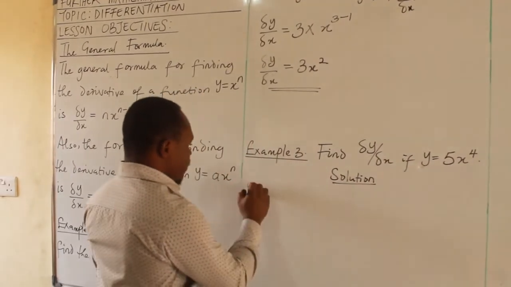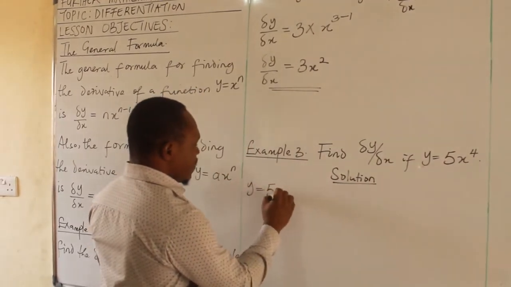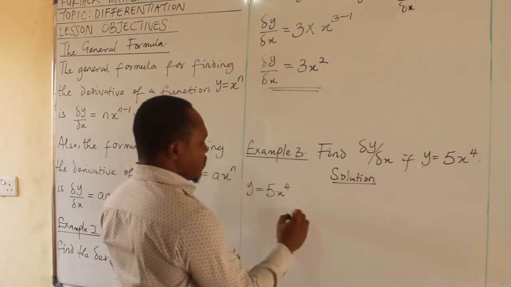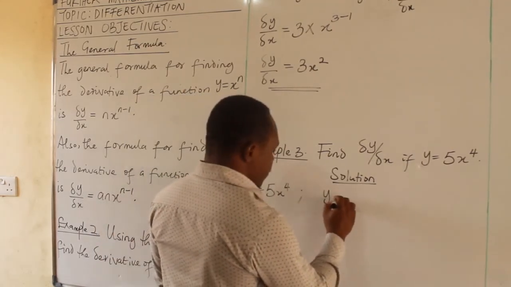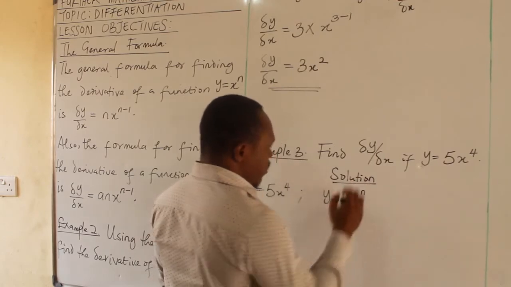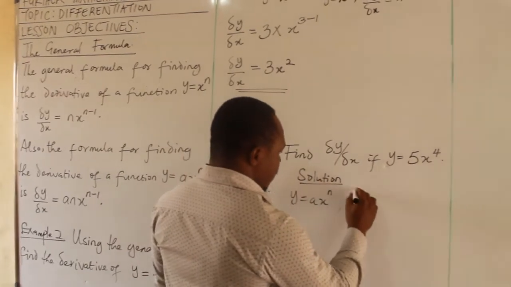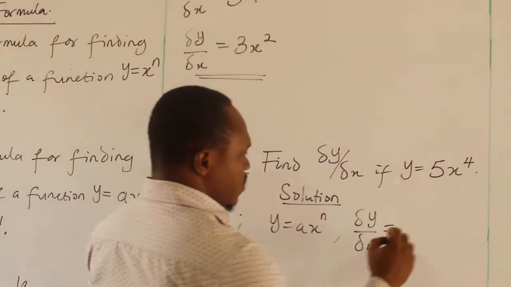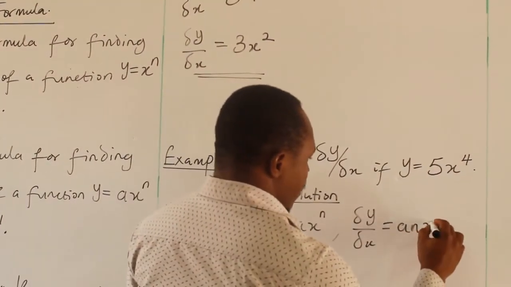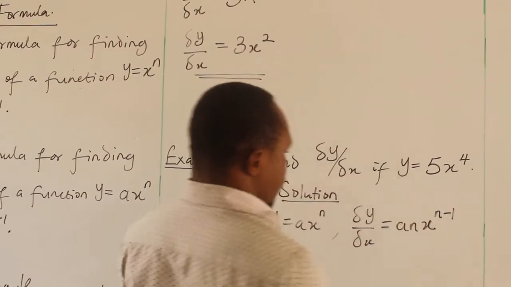Since we have y is equal to 5x raised to the power 4, same thing as having y is equal to ax raised to the power n, where we have dy over dx is equal to anx raised to the power n minus 1.